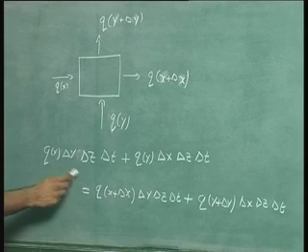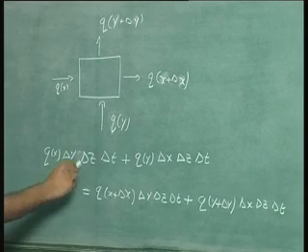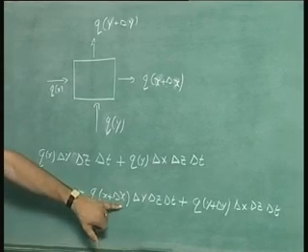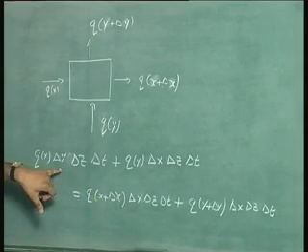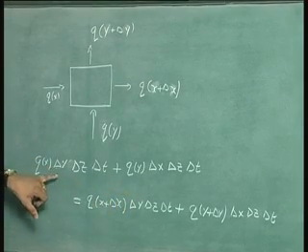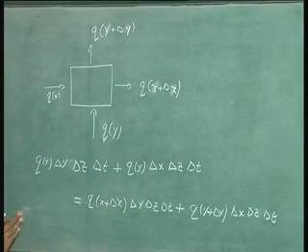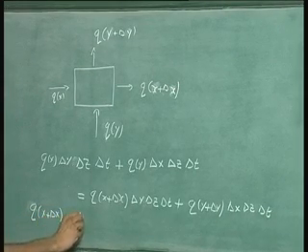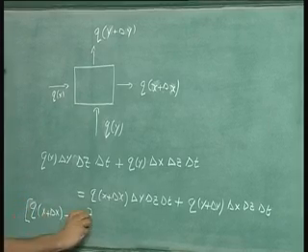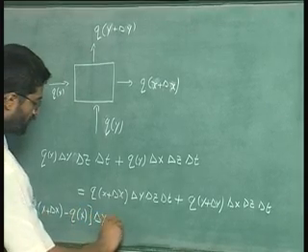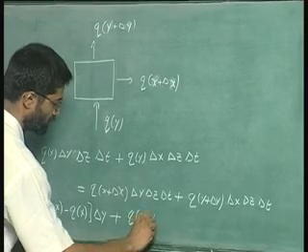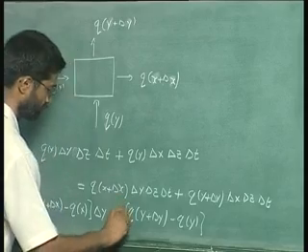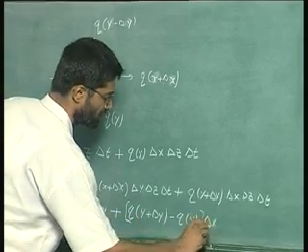So we equate these two, and then we can rearrange the terms. Delta z and delta t cancel everywhere, so we can write this as Q at x plus delta x minus Qx, into delta y, plus Q at y plus delta y minus Qy, into delta x, equal to 0.